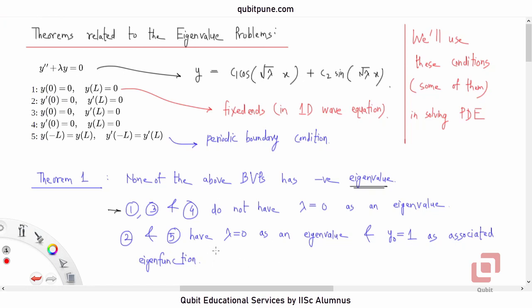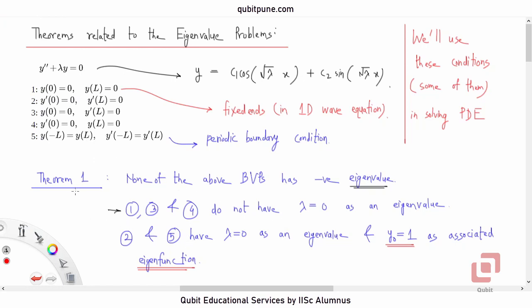So these do have lambda equal to 0 as an eigenvalue and y equal to 1 as an associated eigenfunction. So it will be a constant eigenfunction, not variable. It should be equal to 1. So lambda equal to 0 is a situation in which your boundary value problem possesses infinitely many solutions, or at least non-trivial solutions, and due to linearity that will be carried forward.